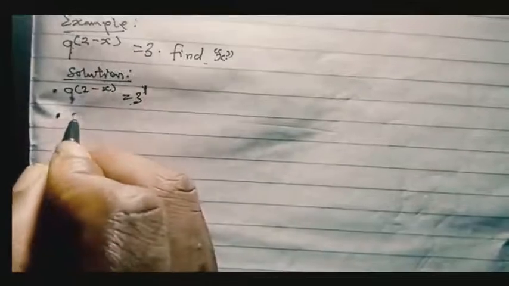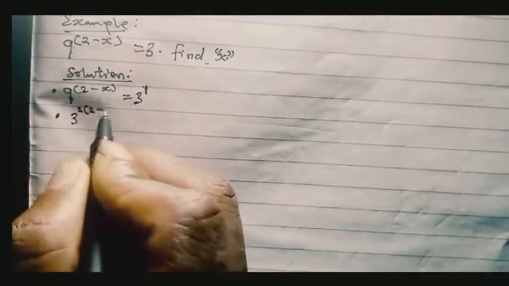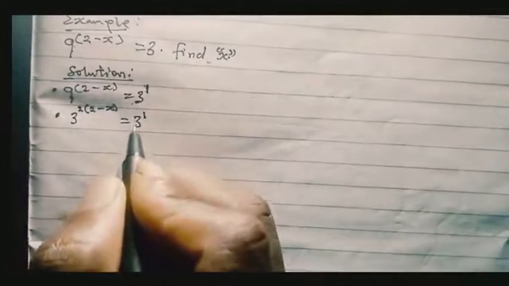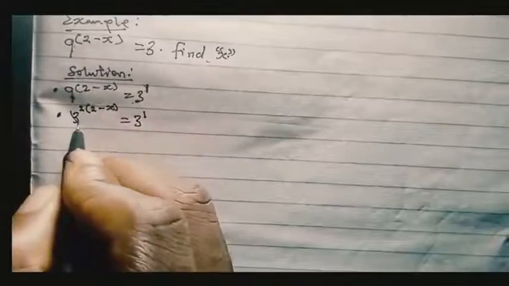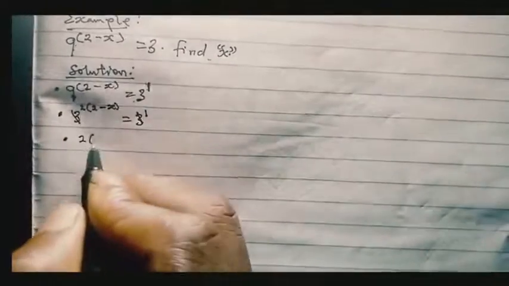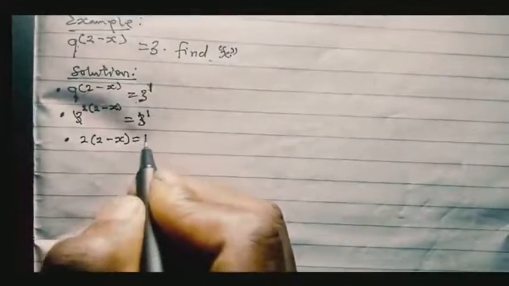Then we're going to rewrite it as 3 squared, all raised to power 2 minus x, equals 3 raised to power 1. The next thing we're going to do is that 3 will cancel 3. Then we're going to be left with 2 minus x equals 1.